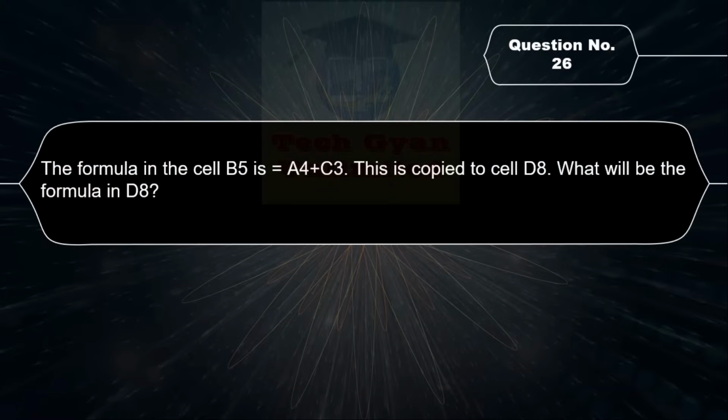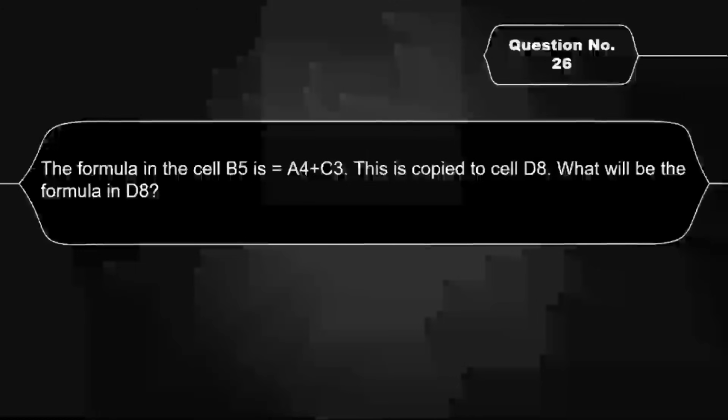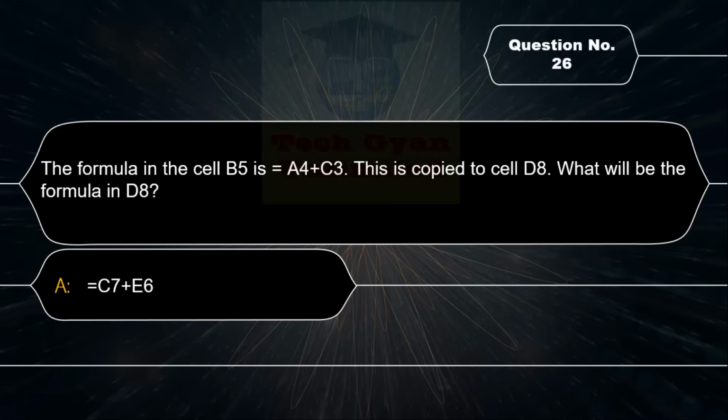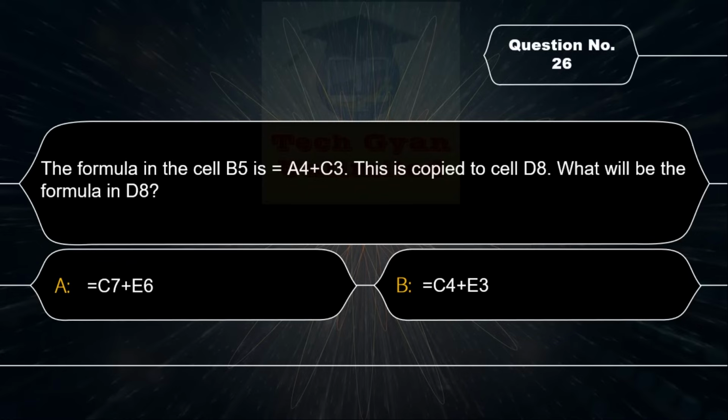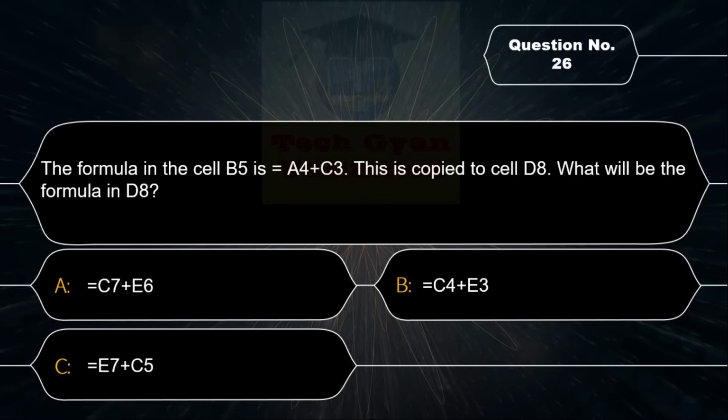The formula in the cell B5 is equal to A4 plus C3. This is copied to cell D8. What will be the formula in D8? Option A, C7 plus E6. Option B, C4 plus E3. Option C, E7 plus C5.